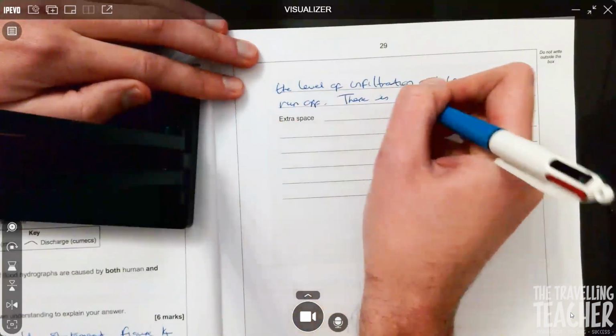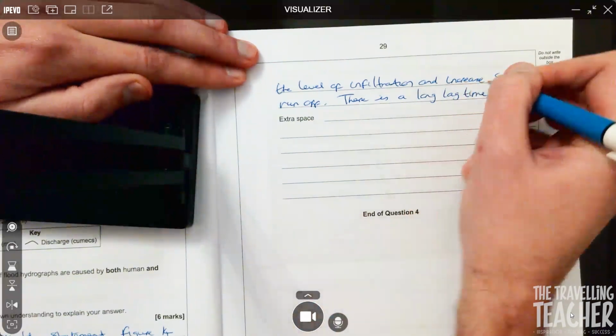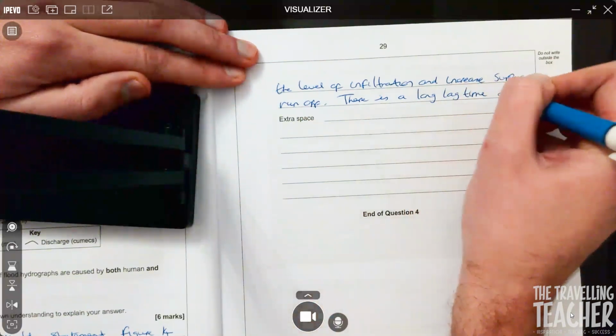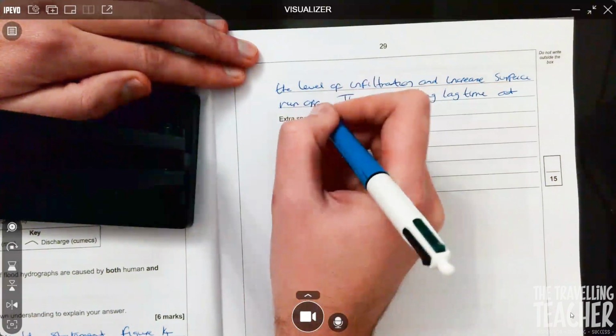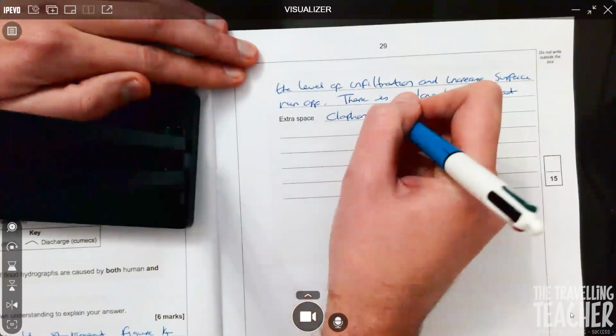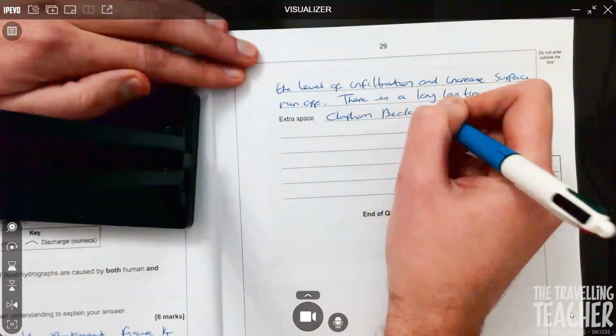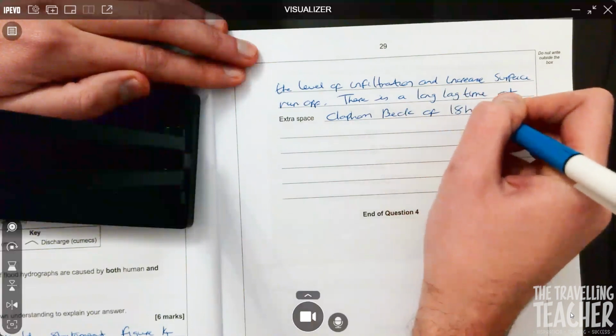There is a long lag time at Clapham Beck of 18 hours.